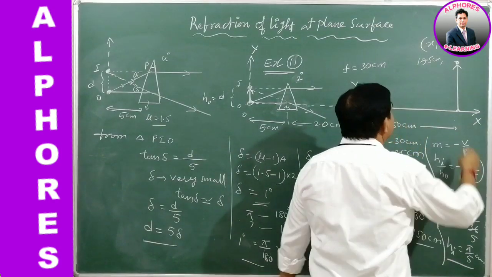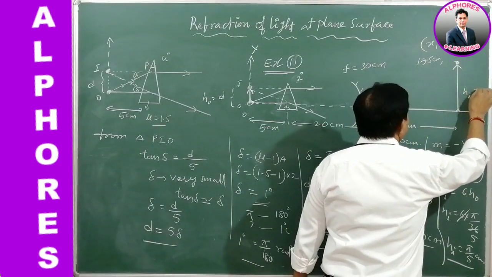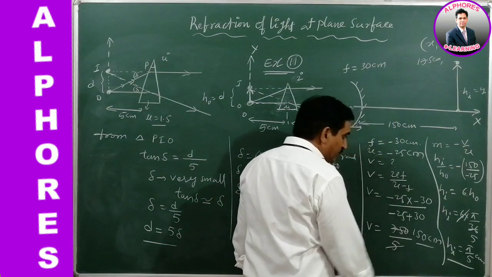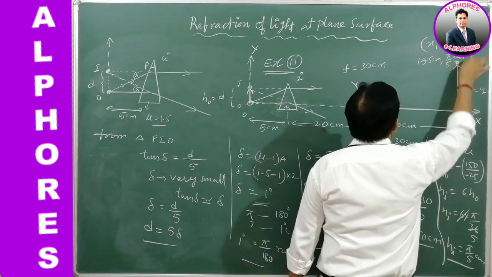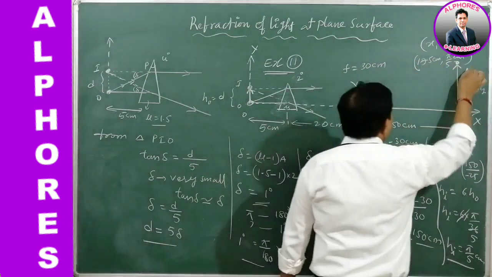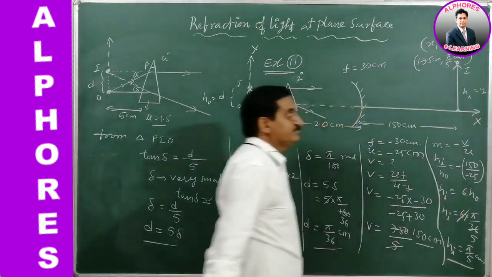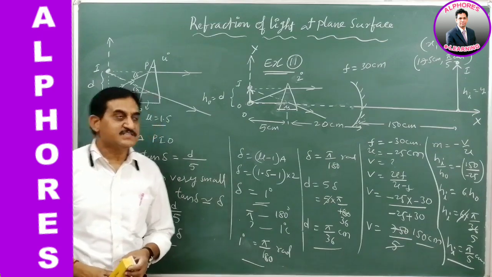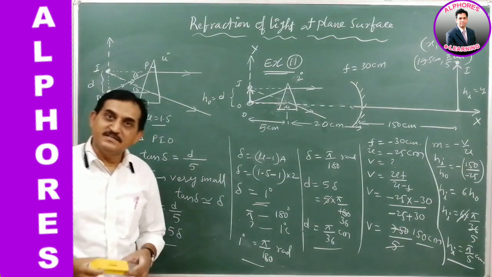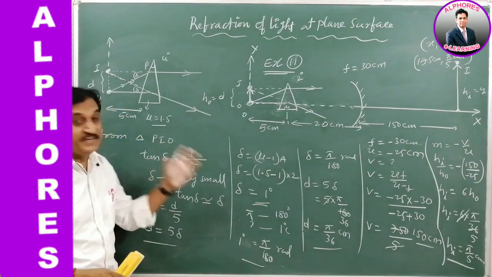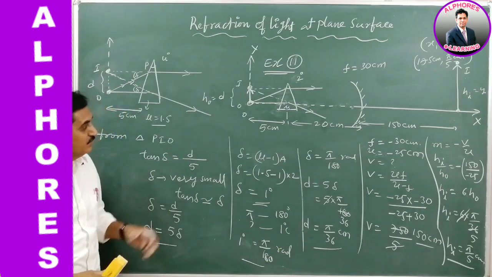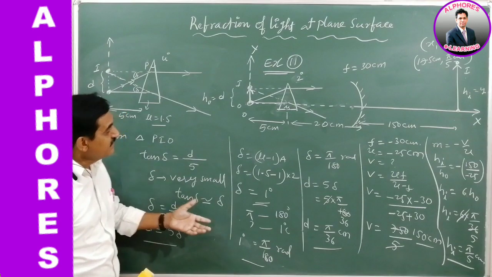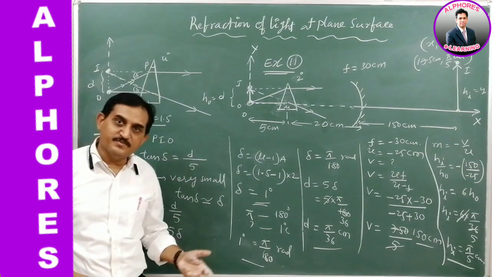Therefore, this is pi by 5 centimeters. So these are the coordinates of the final image formed: 175 centimeters, comma, pi by 5 centimeters. So it is a very, very important and very, very excellent question. So go through it and once again see that. If you have any doubts, please ask me.